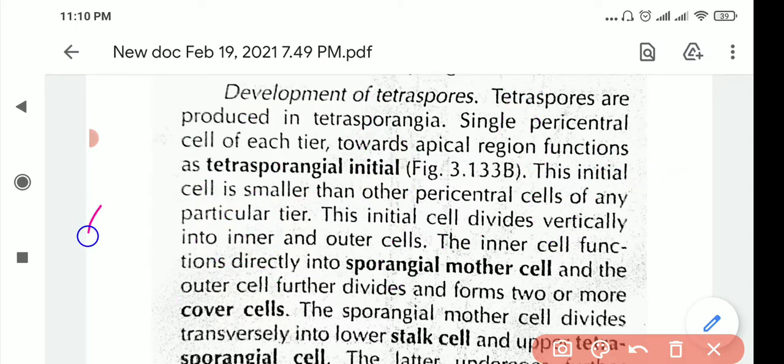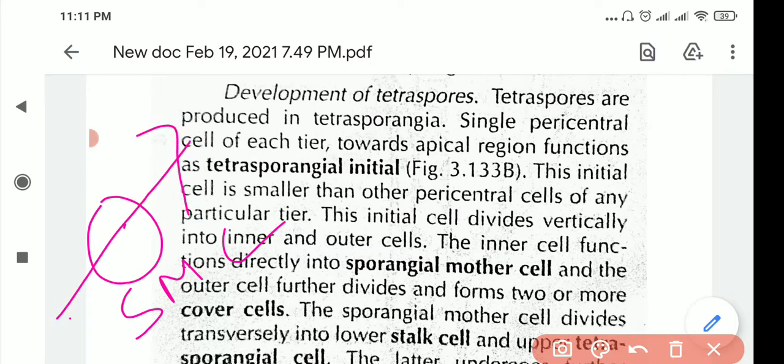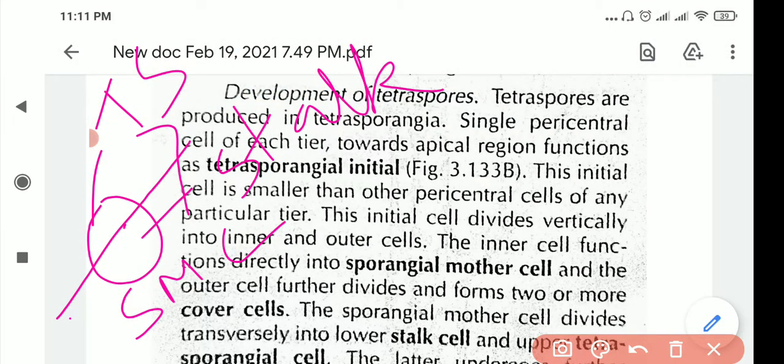Then the sporangial mother cell will divide again and form two or more cover cells. Sorry, the sporangial mother cell will divide again. Now it will divide transversely to form one lower stalk cell and one tetrasporangial cell.